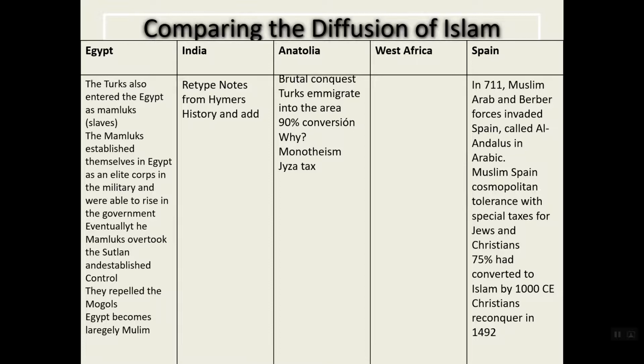The Egyptian Muslims also took slaves, also called them Mamluks. They were also highly regarded, also very good militarily. Elite corps, sounding like somebody I don't like. Elite corps. They rose in government.